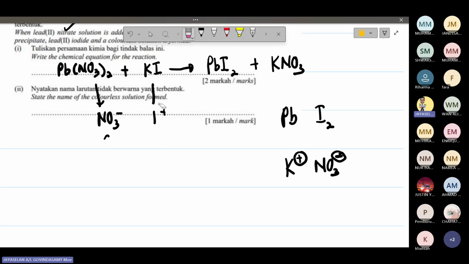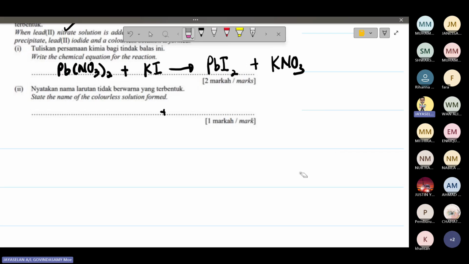Okay, Justin scores 1 mark. Now you check right and left. You balance the equation. Erase all this. You can do it manually like I taught the other day, or you are all very smart, so you can do it straight away. For this question, I check potassium 1, potassium 1. I leave it first. Then I check iodide.